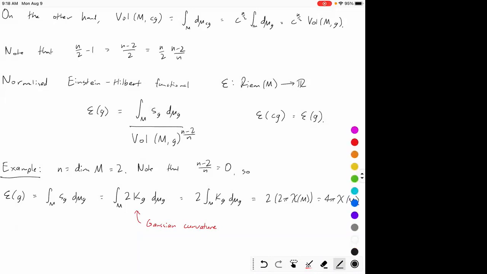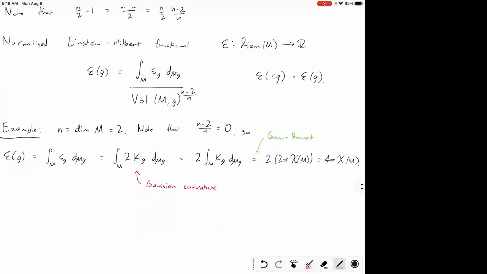So we see that this functional applied to a metric G is independent of G. No matter what metric you pick, you always get the same value. So in dimension 2, this functional is just constant. It has the exact same value for every metric, and it's 4 pi times the Euler characteristic.